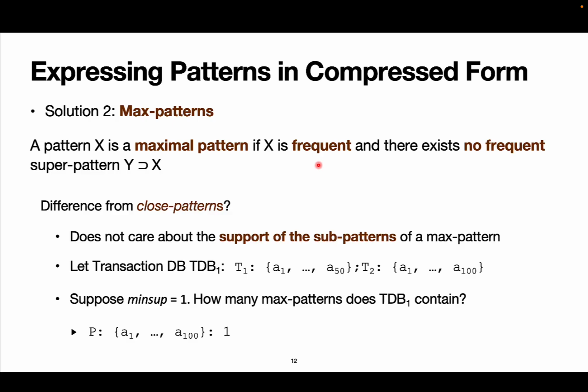So how does it differ from closed patterns? We really don't care about the support of sub-patterns in max patterns. Let's say we have the two transactions from before, the one with A1 to A50 and A1 to A100. The max pattern is just going to be A1 to A100.